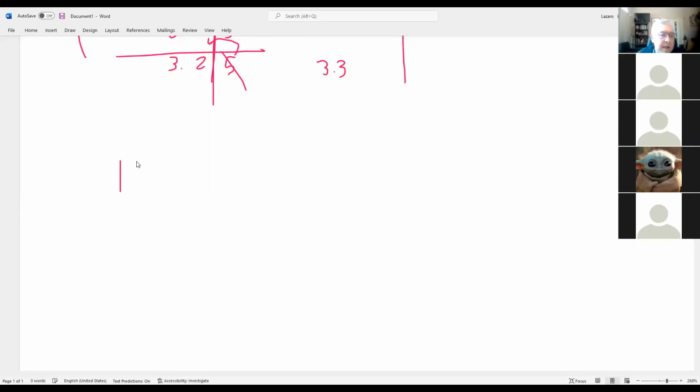Okay, for example, my weight is 183 pounds. If I want to express this in kilograms, what do I have to do? I have to divide by 2.2. Got it?